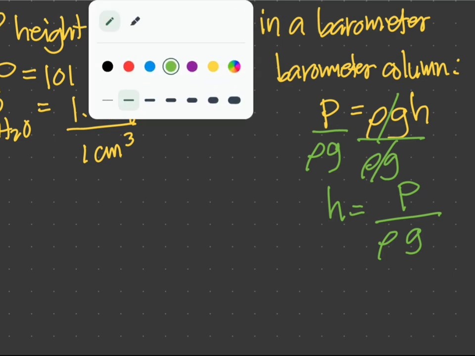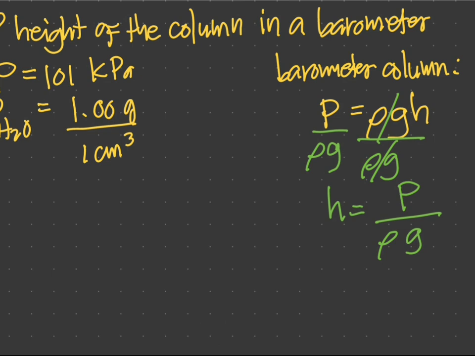Now let's go back to the pressure. We need to convert this to Pascal. So converting this to Pascal, we just multiply by 1,000, right? Because 1 kilopascal is equal to 1,000 pascals.